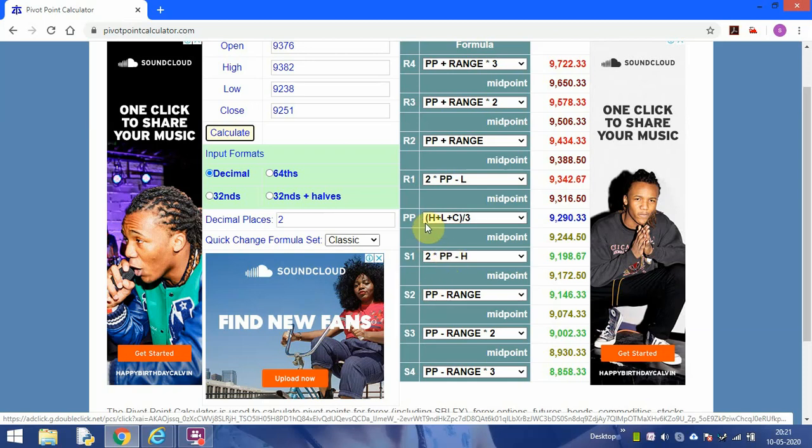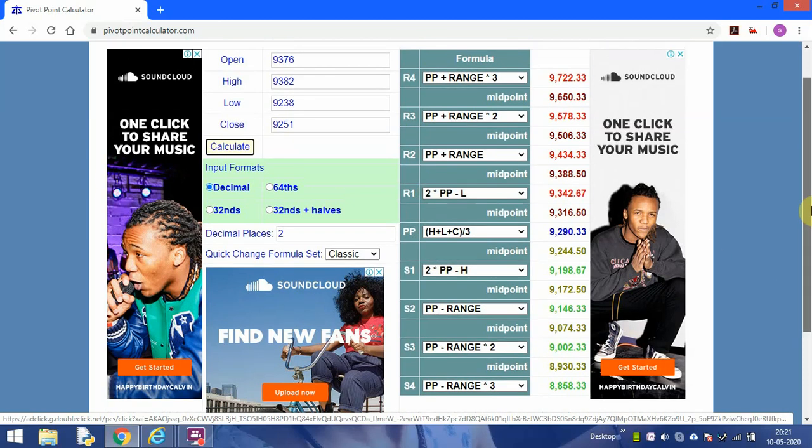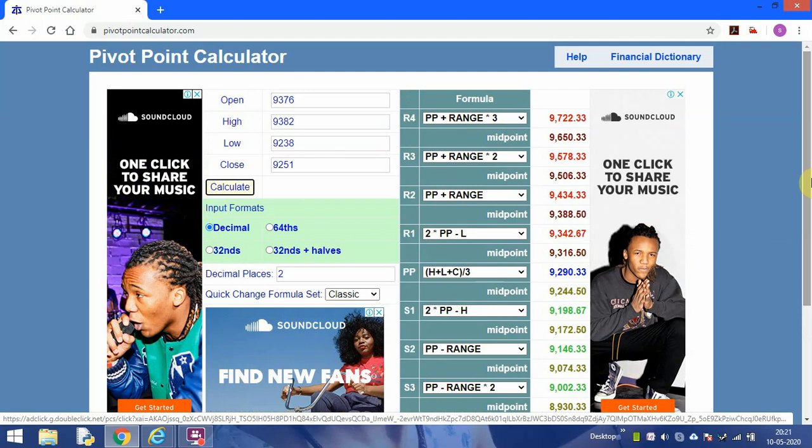The basic concept: if it sustains above the pivot point, then it is a buy, and below the pivot it is a sell. So you have to map the data. These levels are really important, but you have to use technical indicators, then price action, then the level, so you can enter in intraday.